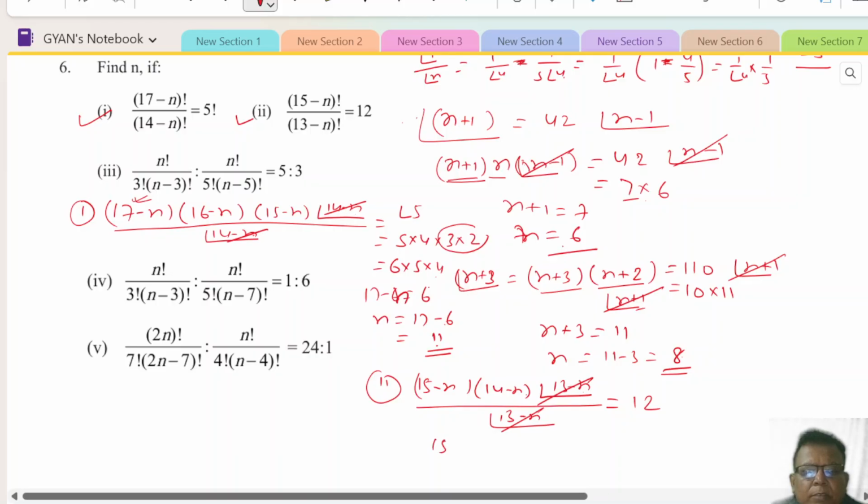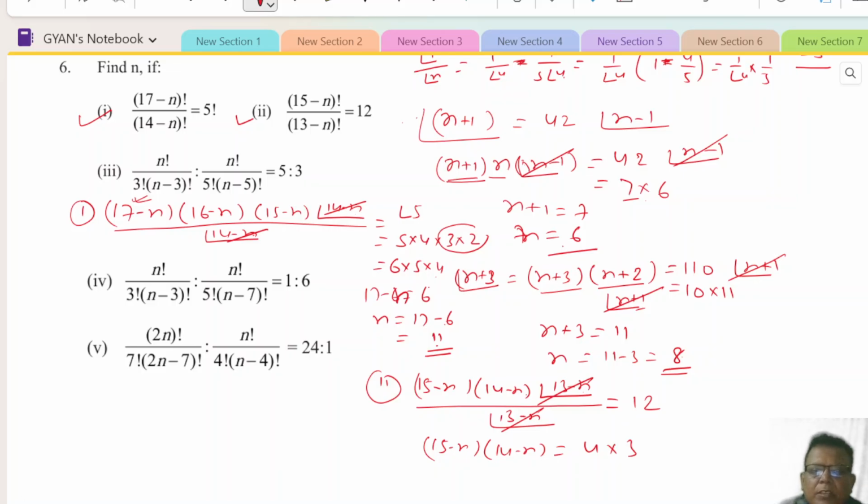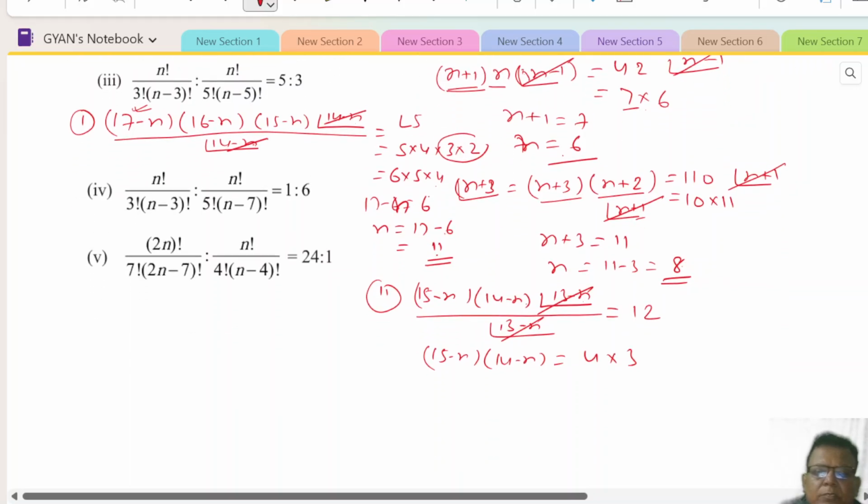This is 15 minus n into 14 minus n is equal to 4 into 3. So which one is bigger? 4 is definitely bigger. So 15 minus n is equal to 4. Then n is equal to 15 minus 4, that is equal to 11. So now come to question number 3.